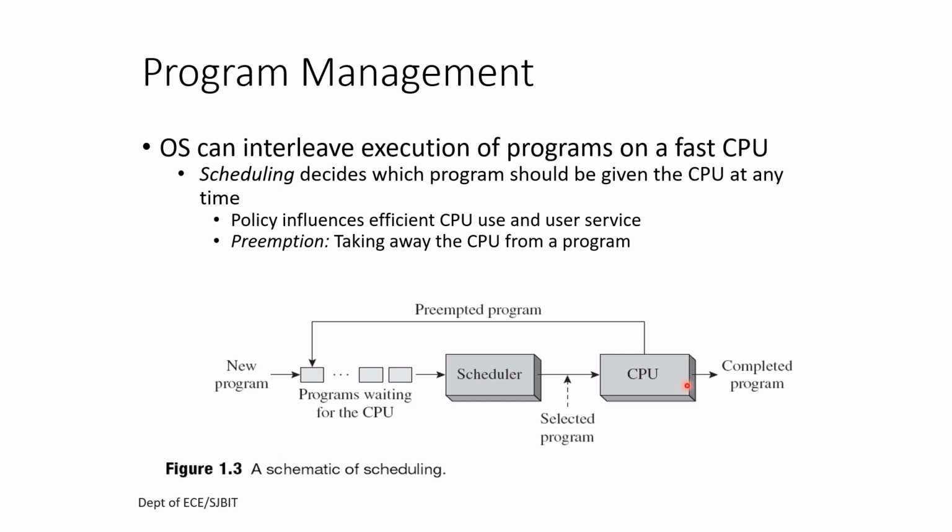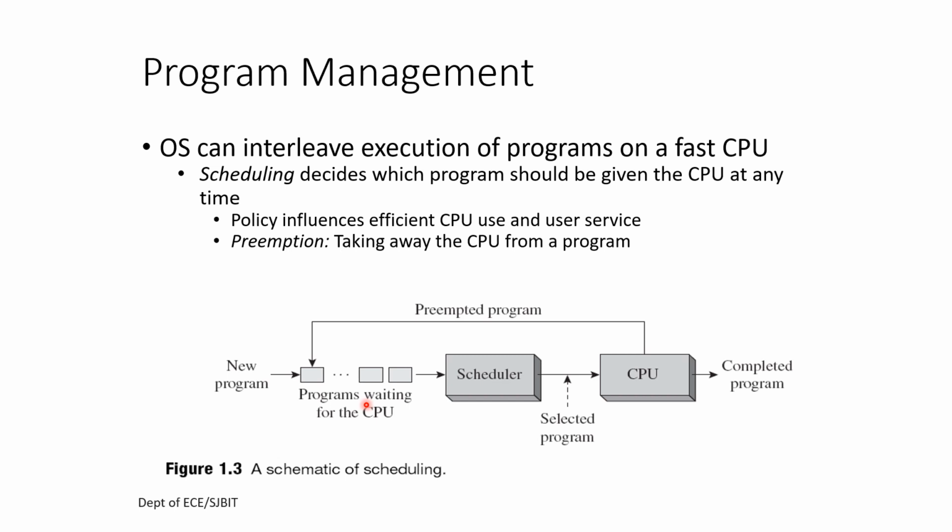This is called a preempted program: programs are forcefully removed from the CPU before their completion. Such a program is put into the queue and waits for the CPU again. These are the functions of scheduling.